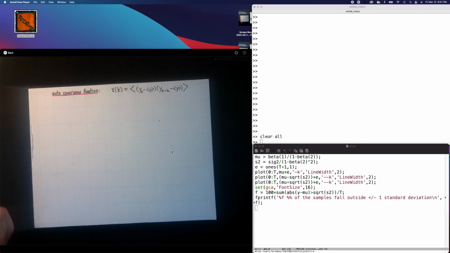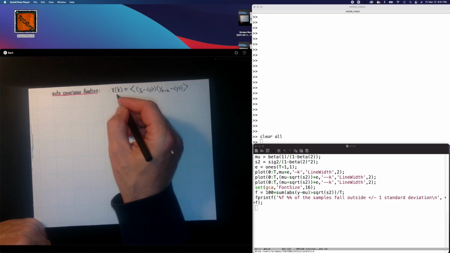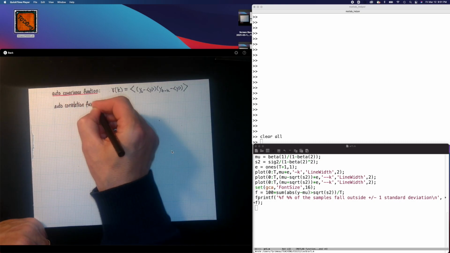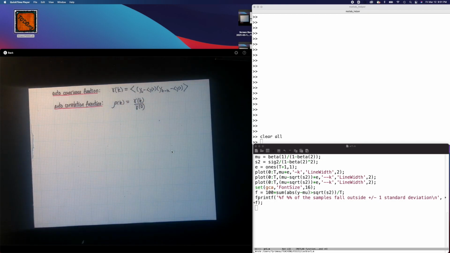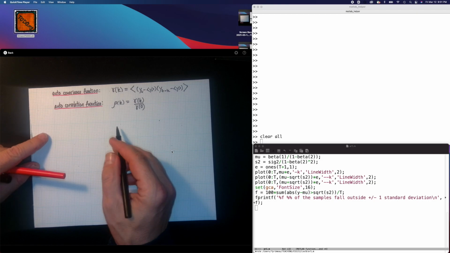And then we use the autocovariance function to define the autocorrelation function, which is just the autocovariance function normalized by the lag 0 autocovariance. So as a particular example, let's look at the AR1 process we've been looking at.